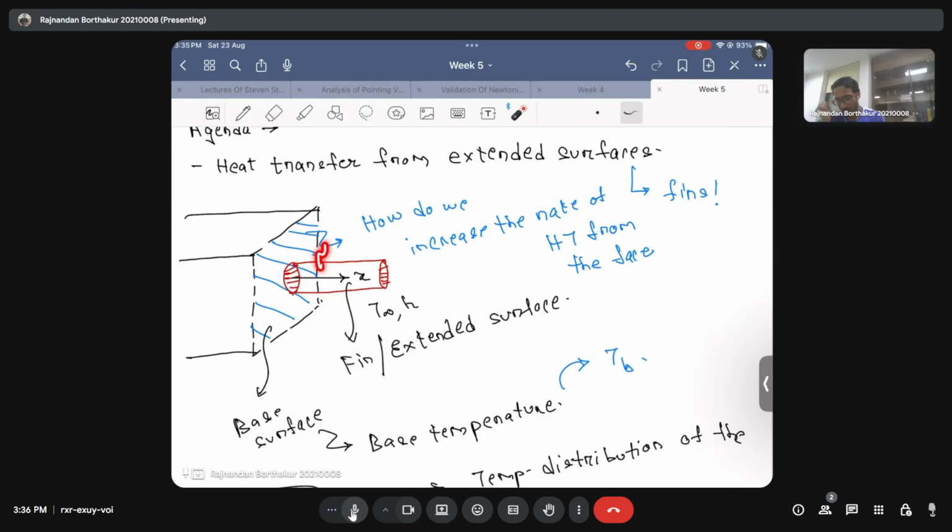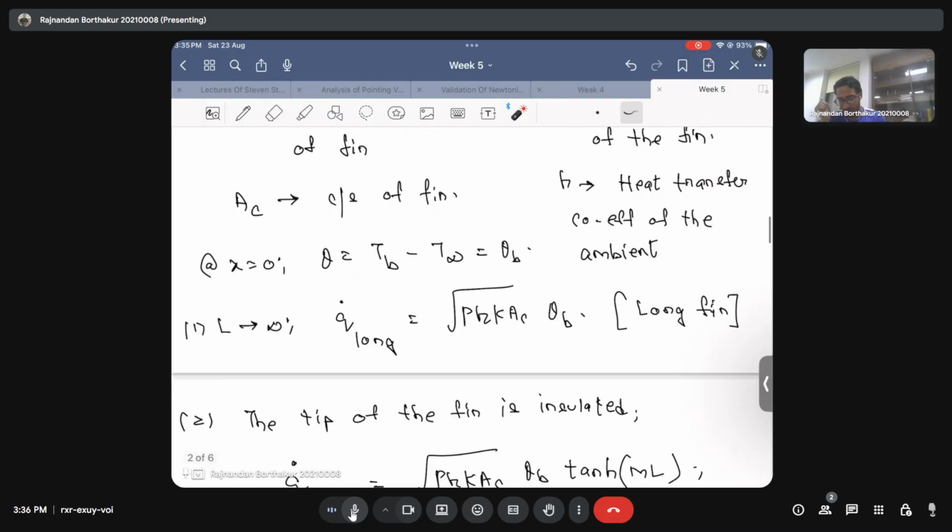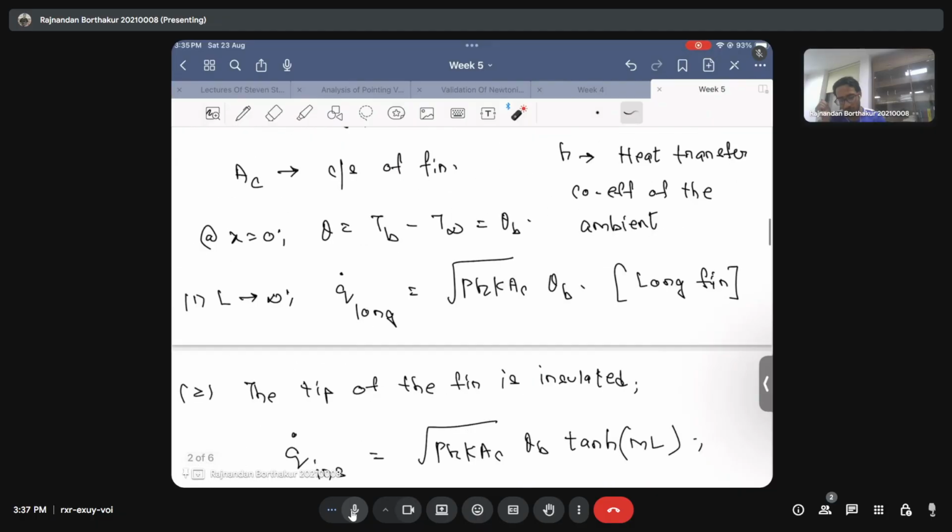One is convection from the lateral surface, and one is from the tip. Convection from the lateral surface will always be the same, but depending on the boundary condition we apply at the tip, we have encountered several forms of the rate of heat transfer from the fin.